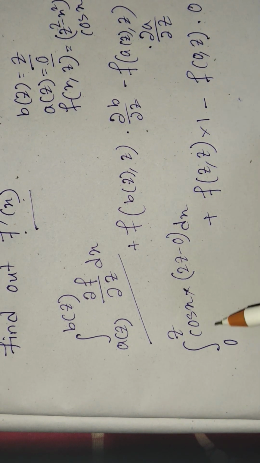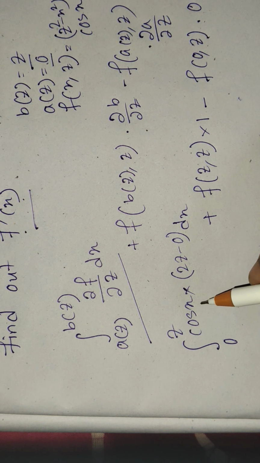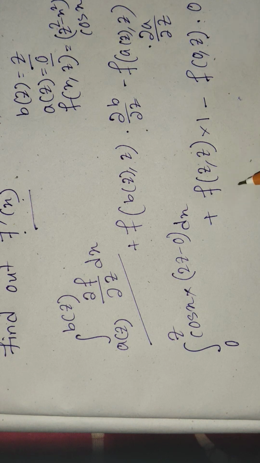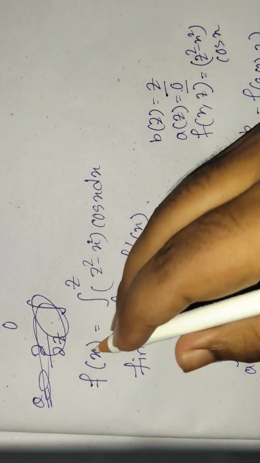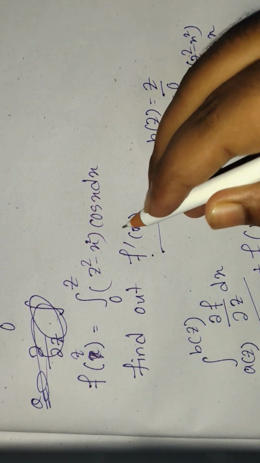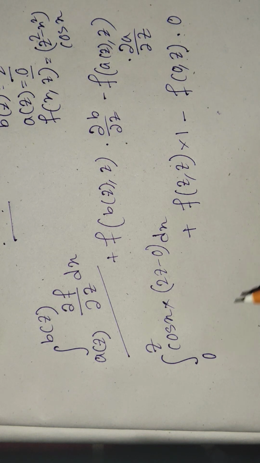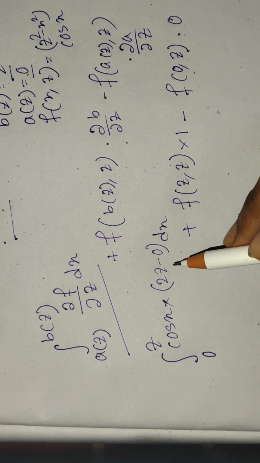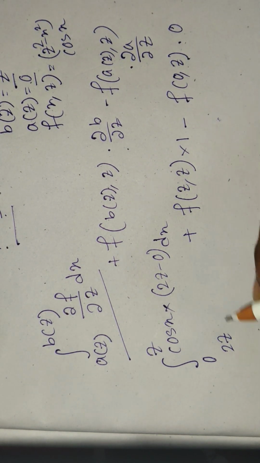So we have to solve only this part. You can see this is cos x, and sorry for a mistake, this is not f(x), this is f(z). Here the 2z will be treated as constant, so definitely we can take it out.